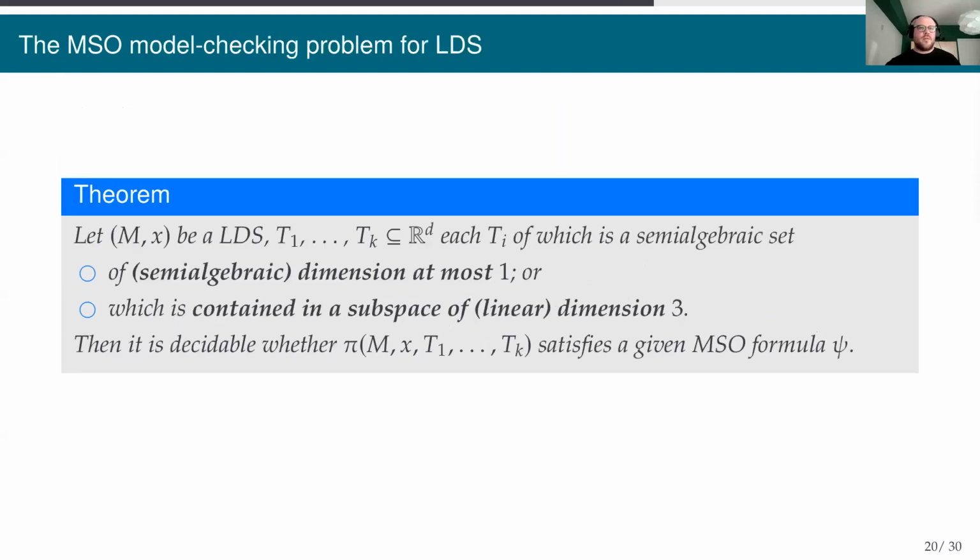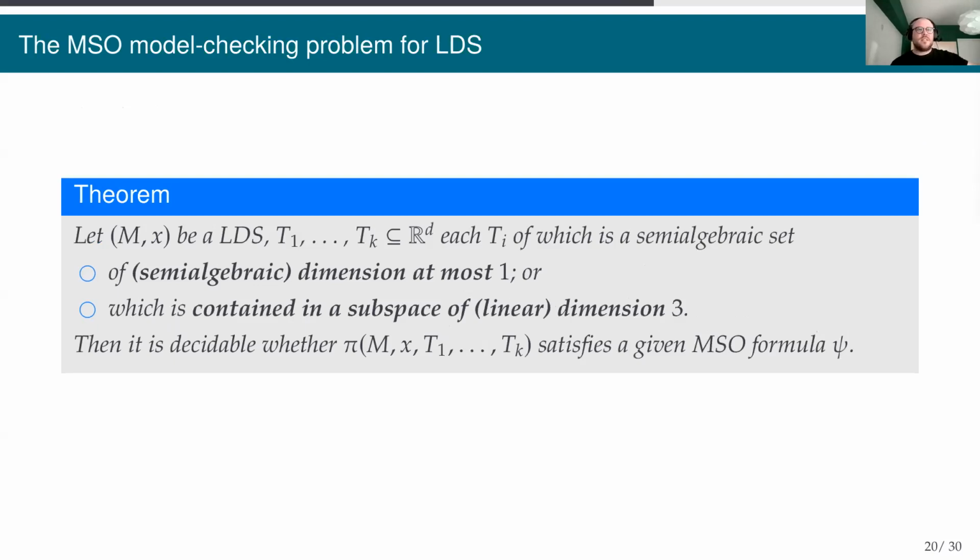So how do we define this problem? You have your linear dynamical system given, so your initial point x and your update matrix M, and your k many semi-algebraic targets.